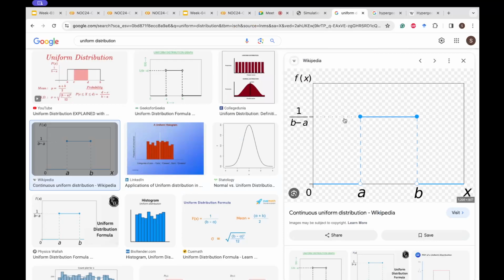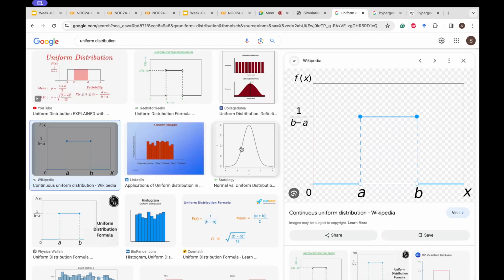So the area of this curve will be 1. It is nothing but area of this rectangle, and the length of this is B minus A, and this is h. So h into B minus A is 1. So h equal to 1 upon B minus A.